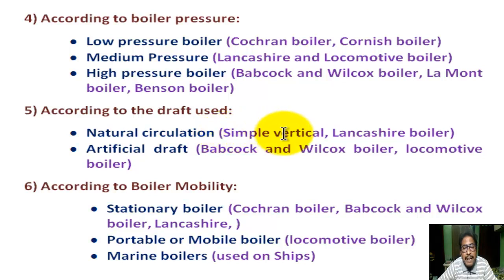Example, simple vertical boiler, Lancashire boiler, etc. Next, artificial draft boiler, when either a forced draft fan, meaning a fan placed below the boiler grate, or an induced draft fan, meaning a fan placed in between the boiler and the chimney, or both are used to provide the flow of air, the boiler is called artificial draft boiler.